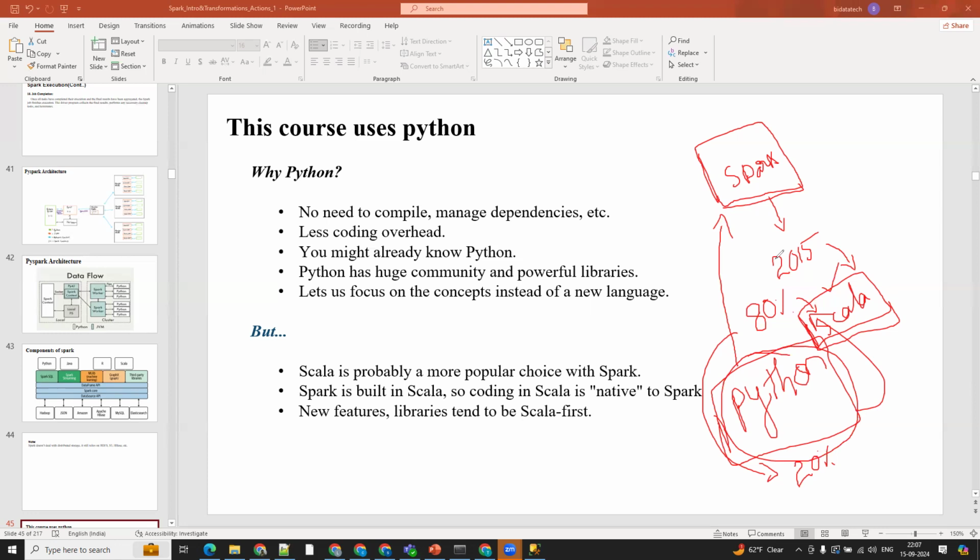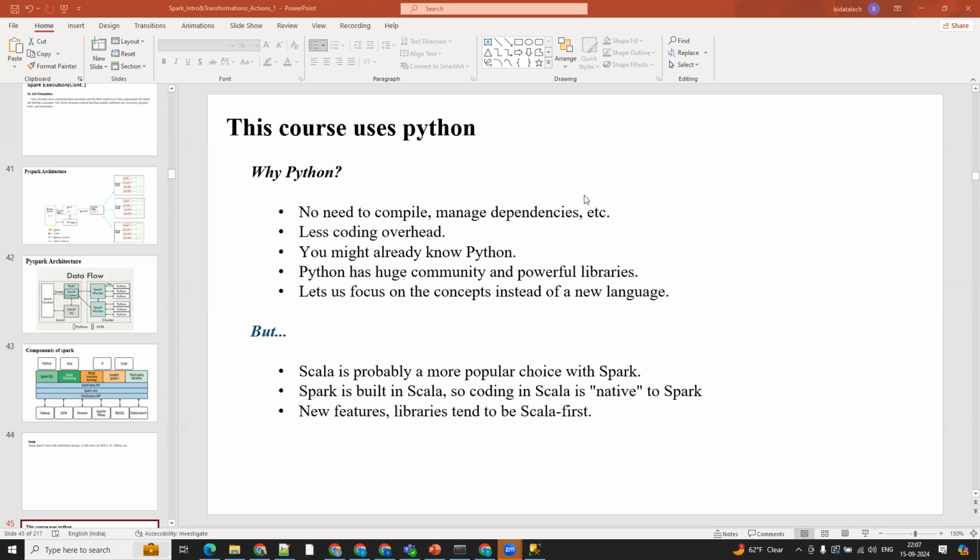Okay, and one more advantage I'll tell you of using Python compared to the Scala language. Scala is built on top of the Java language, right? If you want to execute some program in Spark, in Java, if you want to execute something, you have to build jar files, right?